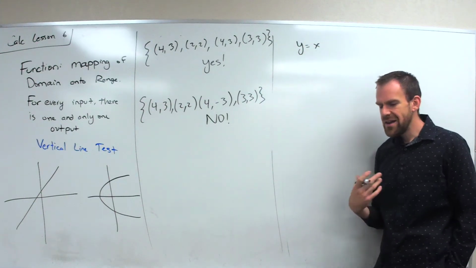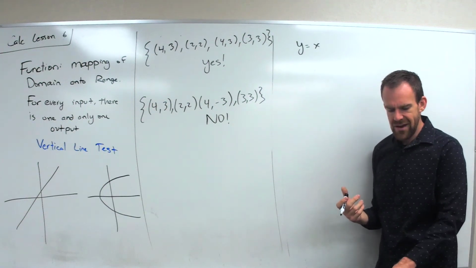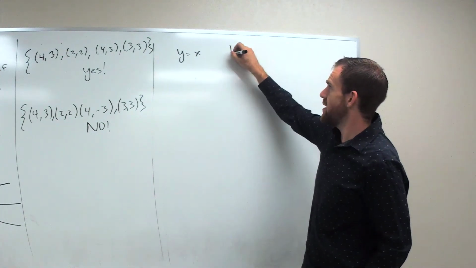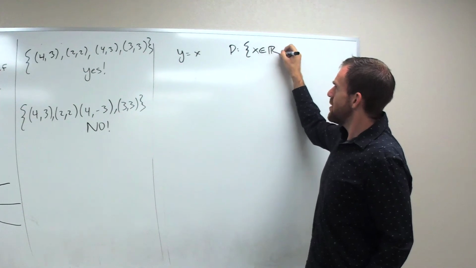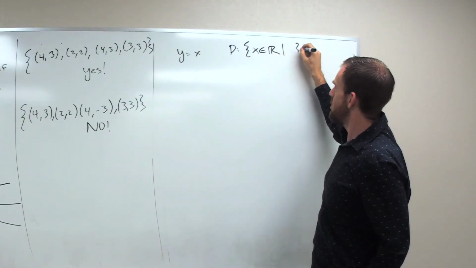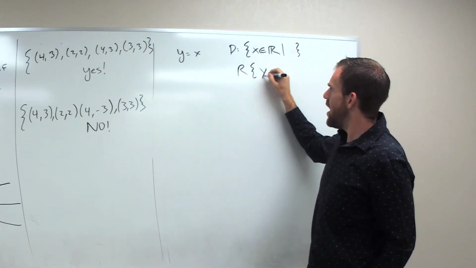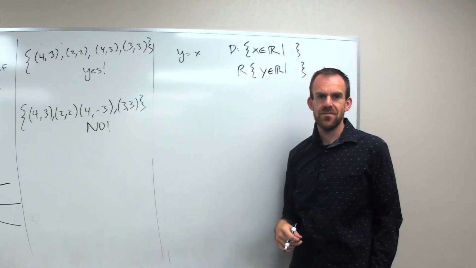I can plug in any number I want to y equals x, and I'm fine. And I will get that exact same number out. So when I'm talking about domain, I'm going to say that x is in the real numbers, and there is no restriction. So I have nothing there. On the range, y, that's the number coming out, is in the real numbers, and there's also no restriction.